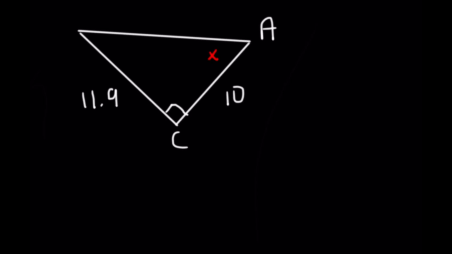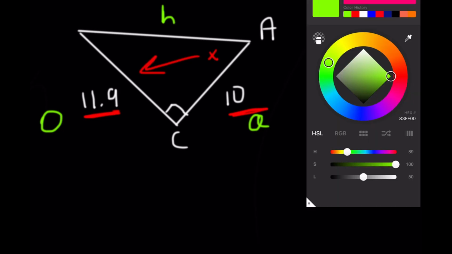Here's our next problem. We're trying to solve for x, and this time it's x, not theta. It doesn't really matter, you just know that's what you're solving for. Let's see what the sides are. This side is the opposite side, this side is the adjacent side, and this is the hypotenuse. So we're going to be using TOA of SOHCAHTOA, which means tan.